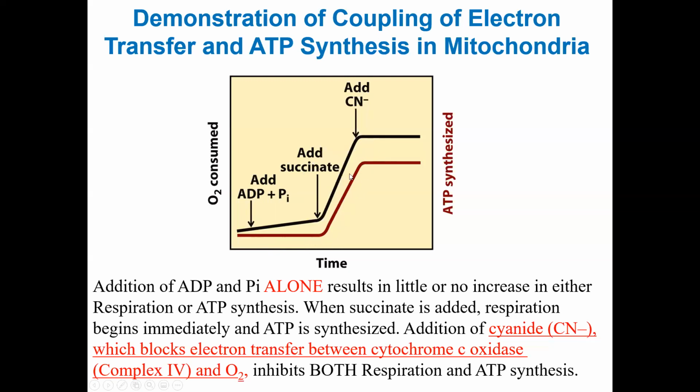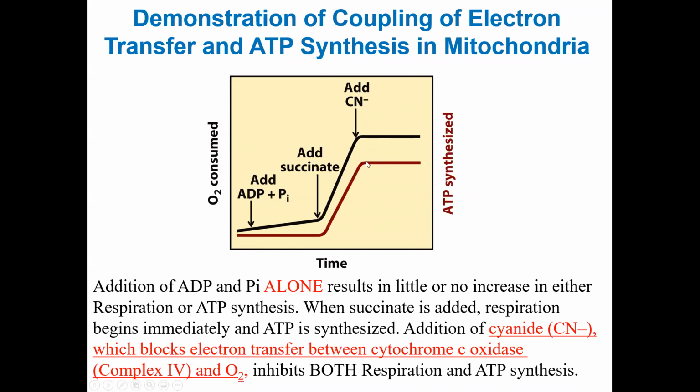And if you add an inhibitor of complex 4, if you recall, cyanide, right? Cyanide will block the electron transfer between the cytochrome C oxidase and molecular oxygen. Then you will see that both oxygen consumption totally stops and ATP synthesis completely stops.